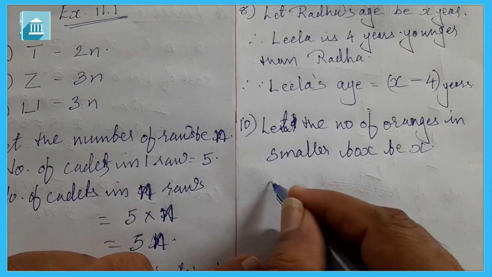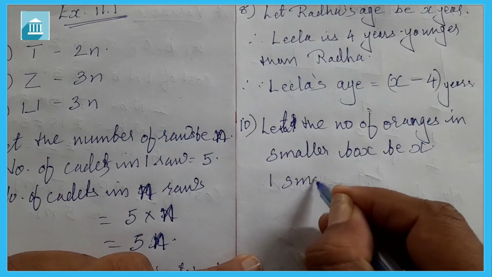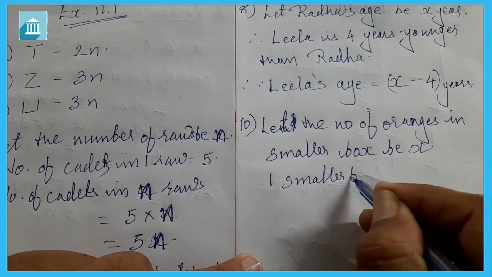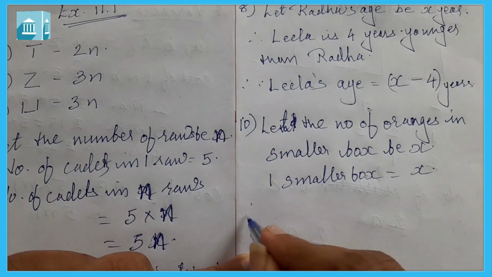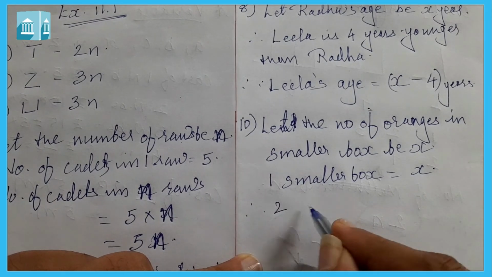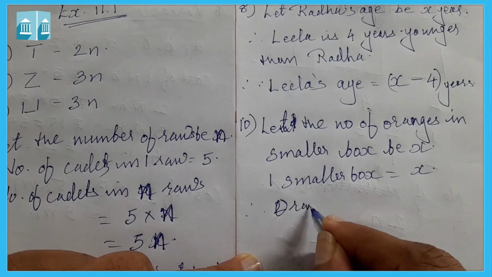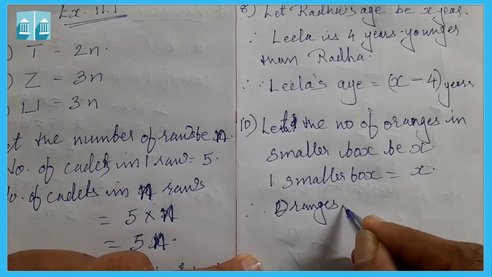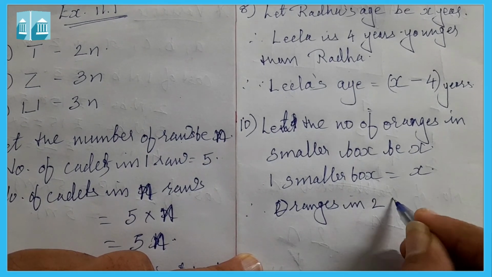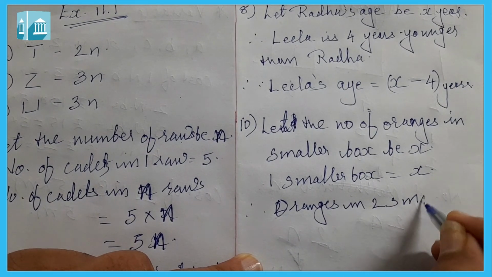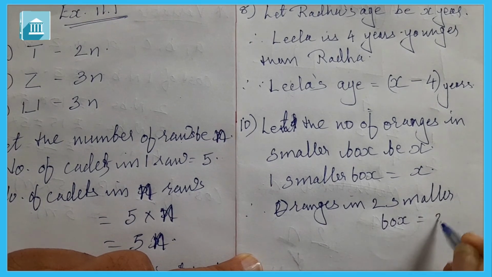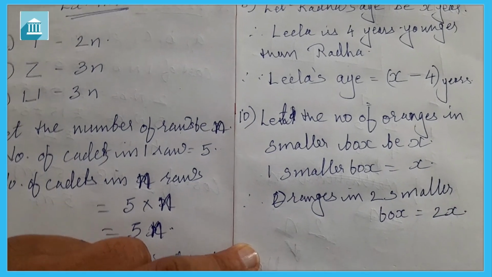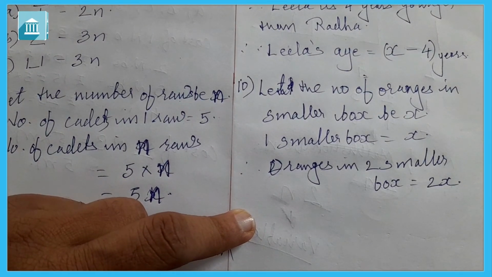So one smaller box, we know, is equal to x. So therefore, oranges in two smaller boxes is equal to 2x.